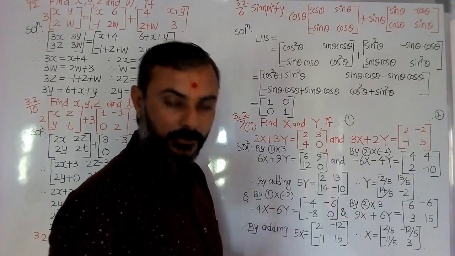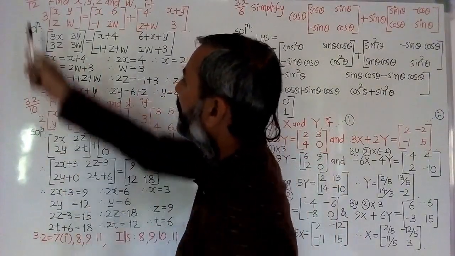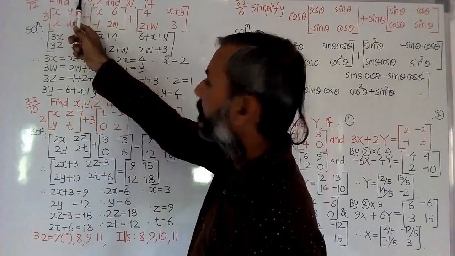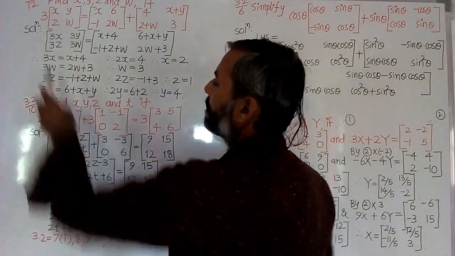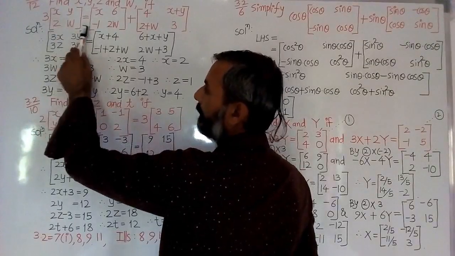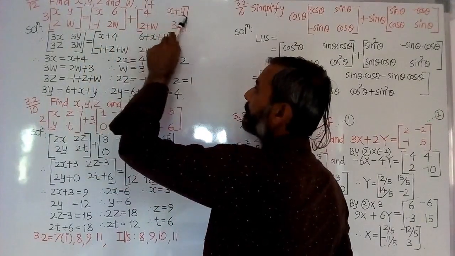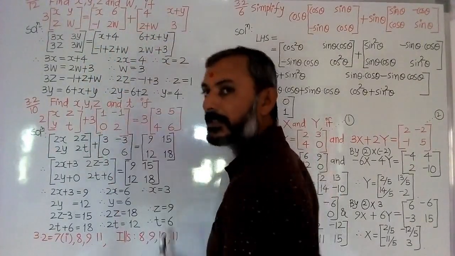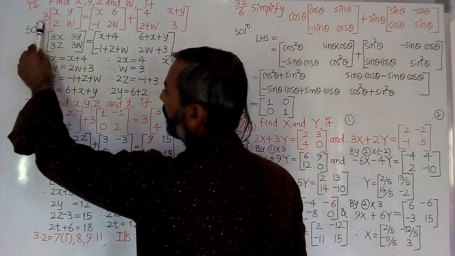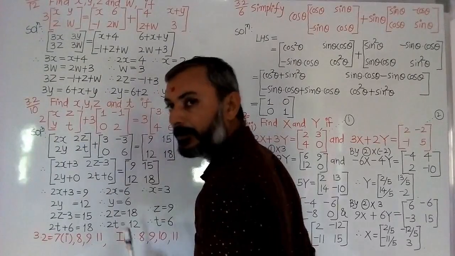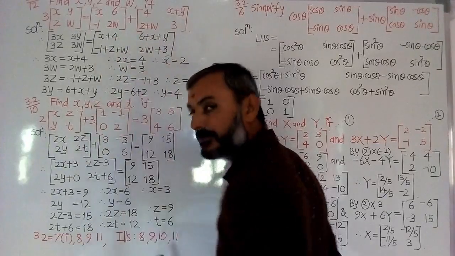Some more examples are also given in your textbook. Let's see example 3.2.12. Find the variables x, y, z and w if 3 into the matrix [x, y; z, w] equals [x, 6; minus 1, 2w] plus [4, x plus y; z plus w, 3]. So first of all, 3 multiplies each component, scalar multiplication, equal to this matrix plus this matrix.